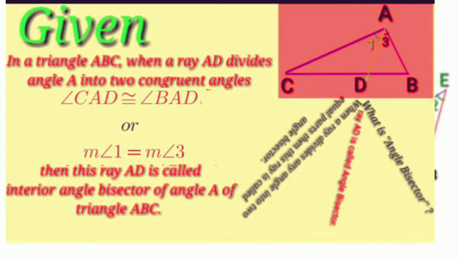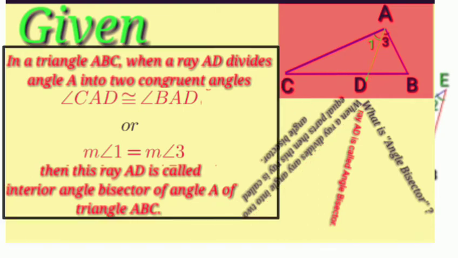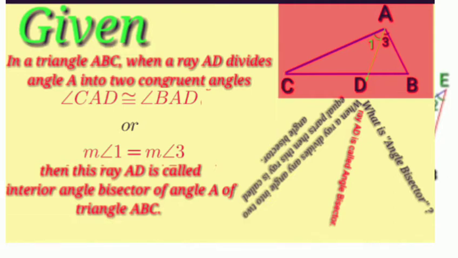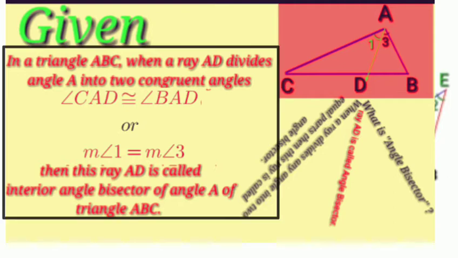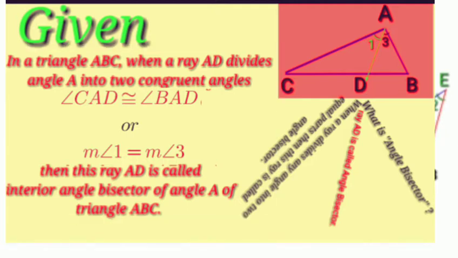In other words, if we discuss this statement in detail, then first of all we have to know about the angle bisector. A ray which divides any angle into two parts is called an angle bisector. In this triangle ABC, when ray AD divides angle A into two congruent angles, angle CAD and angle BAD, measure angle 1 equal to measure angle 3, then this ray AD is called the interior angle bisector of angle A of triangle ABC.